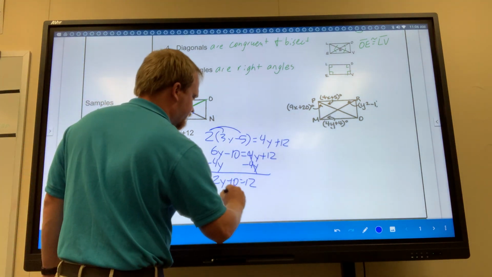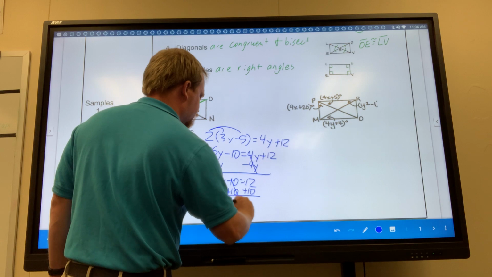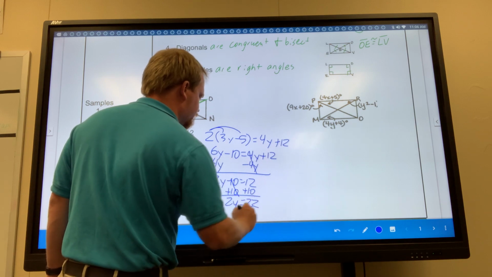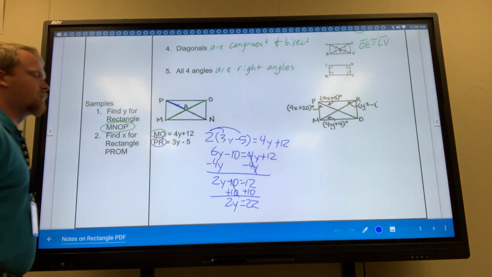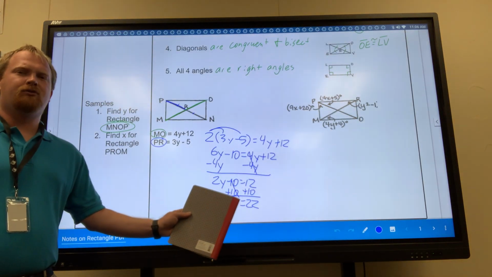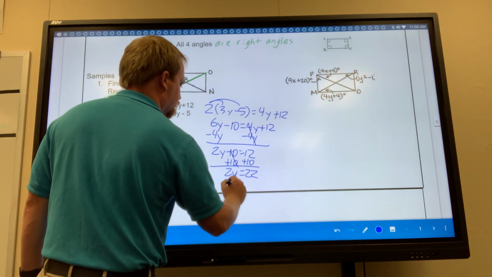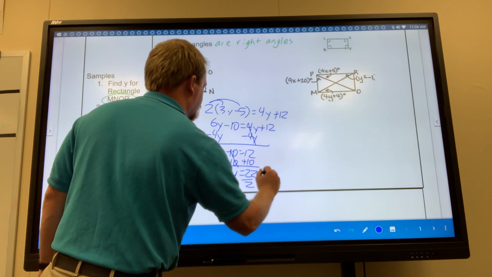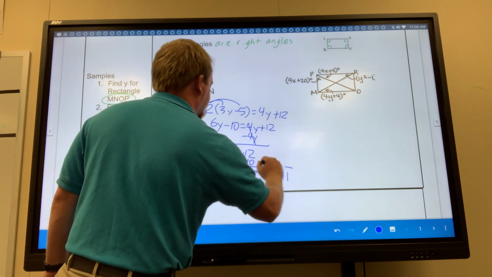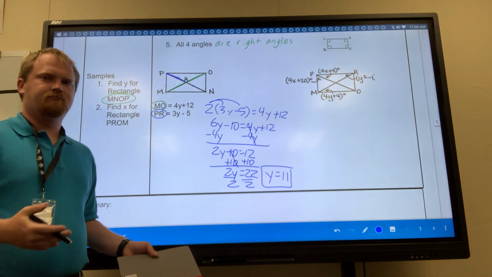Then I add 10 to both sides, so that 2y is equal to 22. But what do I have to do with the 2y? Simple. Divide by 2. So y equals 11. And that's what I actually get. Okay?